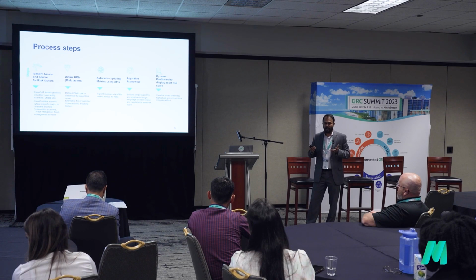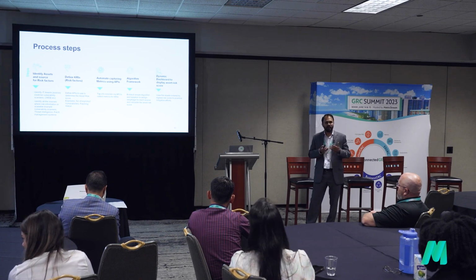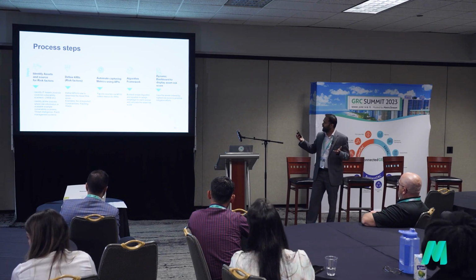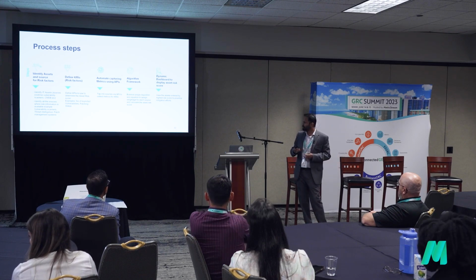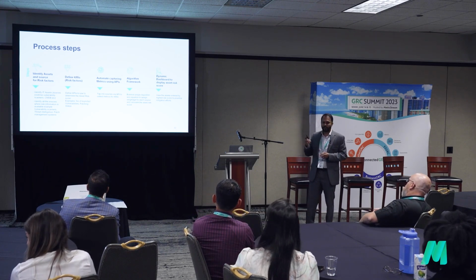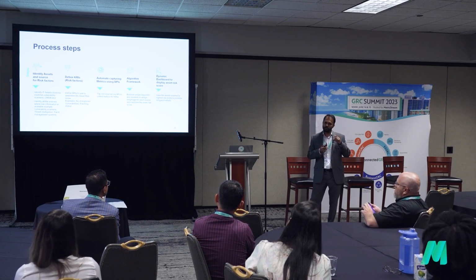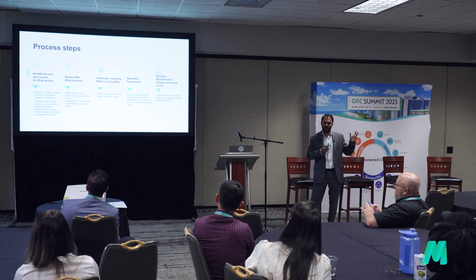The identification of assets could be integration with the CMDB, or these days all the vulnerability scanners provide asset management capability, which you can utilize to bring that data into the platform. And then the sources for risk factors: what are those risk factors that you want to use in order to determine the risk to the asset?